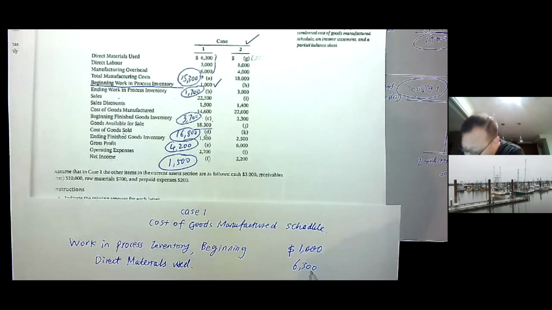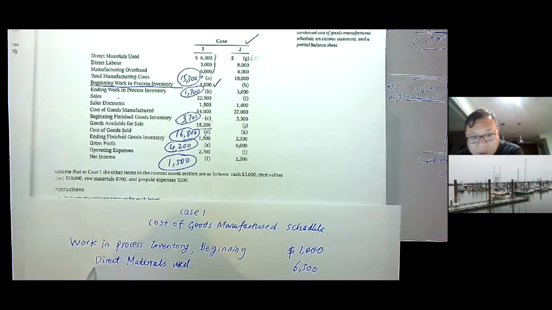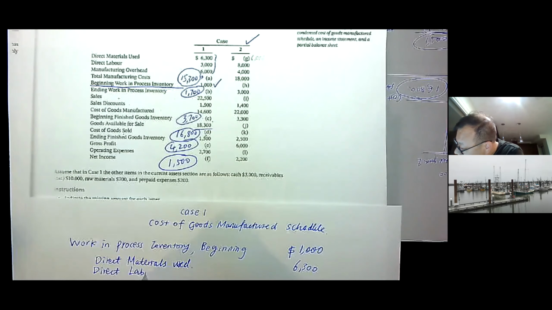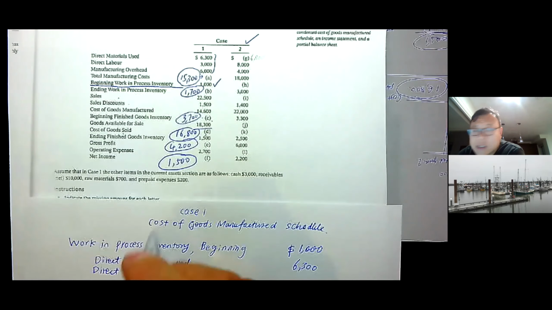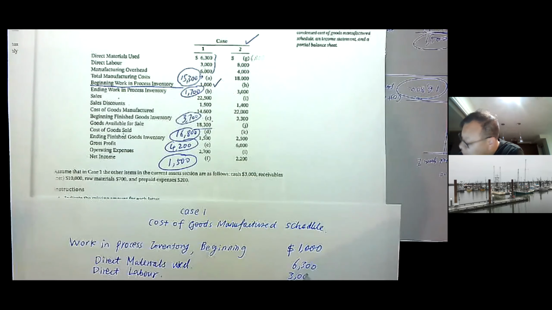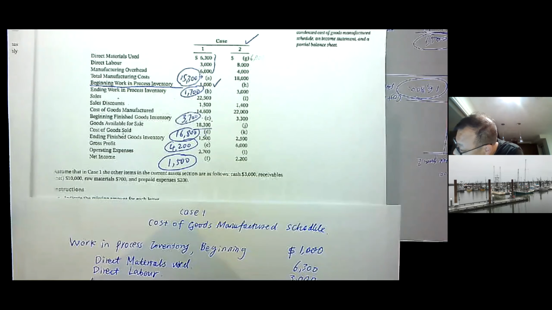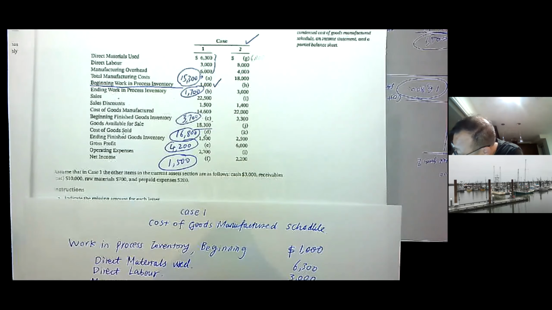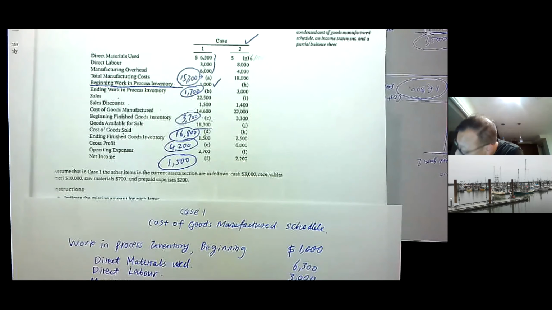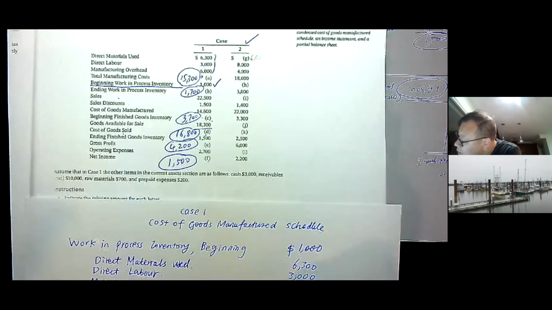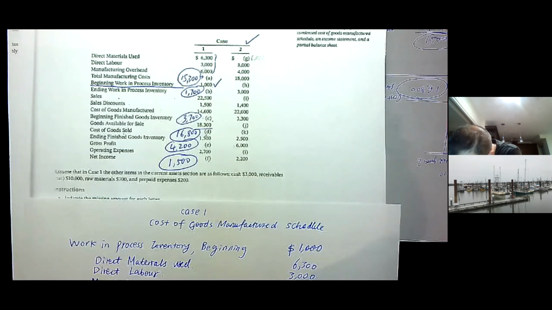Direct labor, here we have 3,000. And then manufacturing overhead. In this case, that's 6,000.